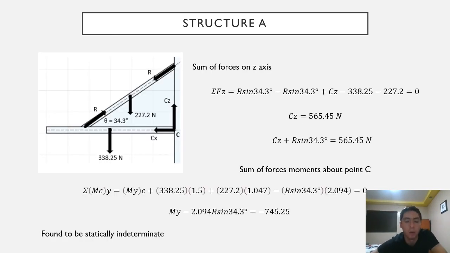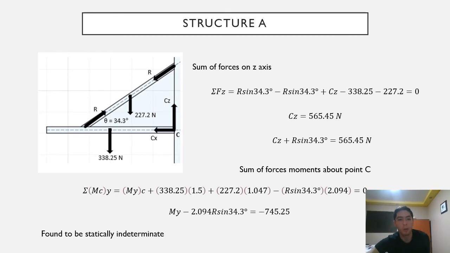So it was thought that maybe the reactions could be obtained by taking the approach of a fixed support, but taking the sum of forces on C only leads to this support reaction here of 500 newtons.